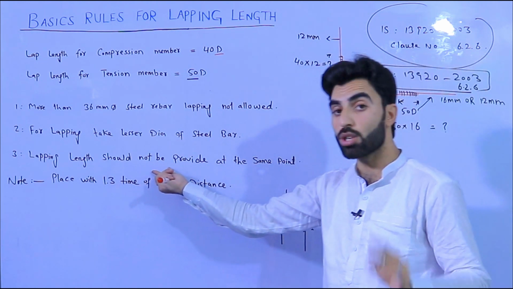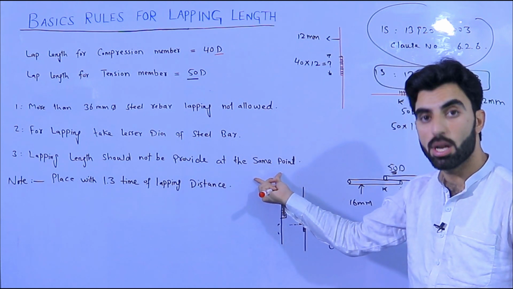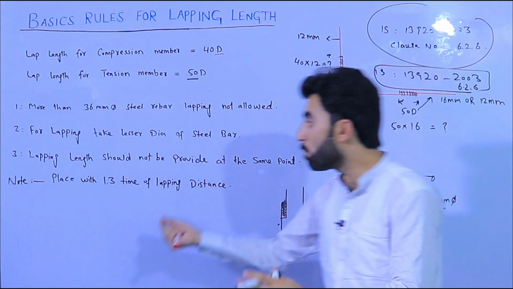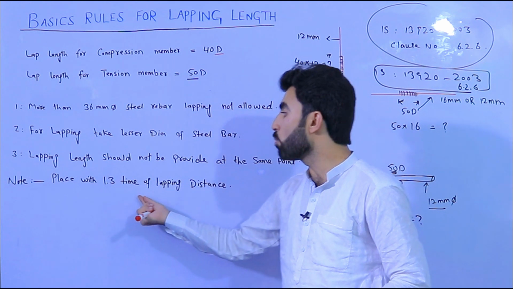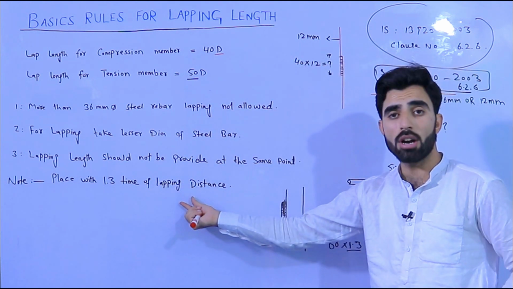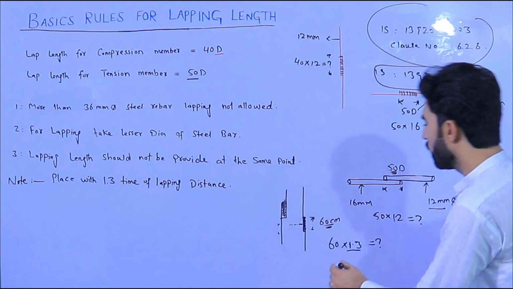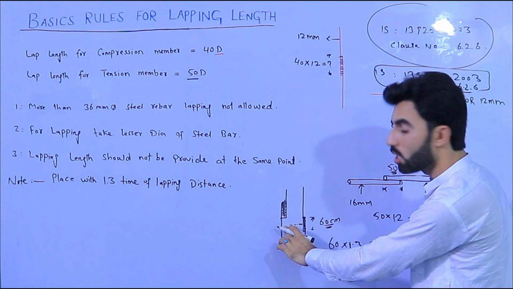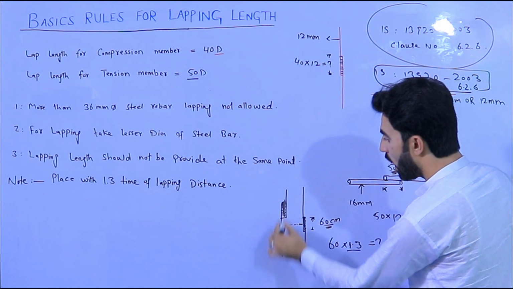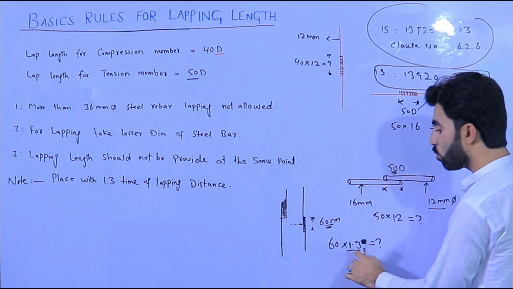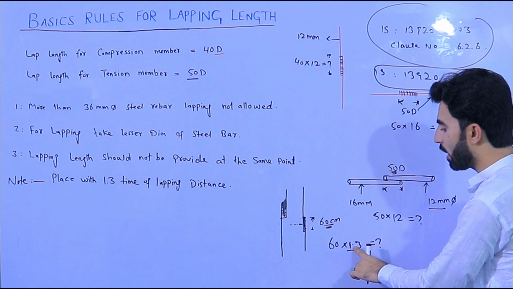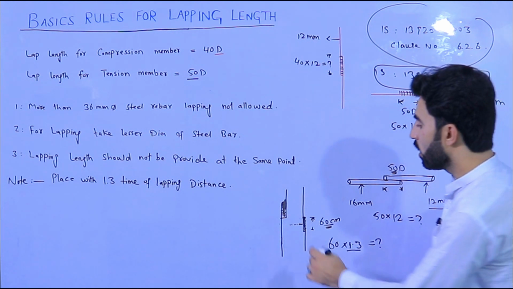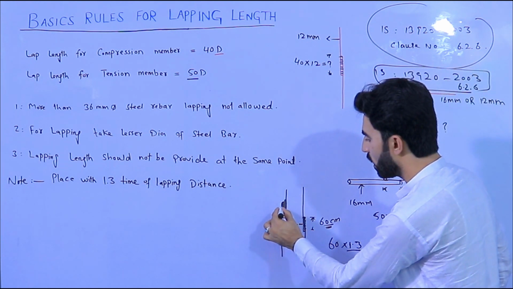Okay, so lapping should not be provided at the same point. So where can we provide it? Place it at 1.3 times the lapping distance. For example, this is 60 centimeter, so the other should not be provided opposite to this. It should be down or up, but at a distance of 1.3 times. 60 multiplied by 1.3. So from this center, you can keep the other center.